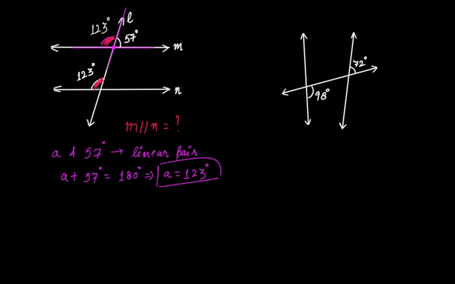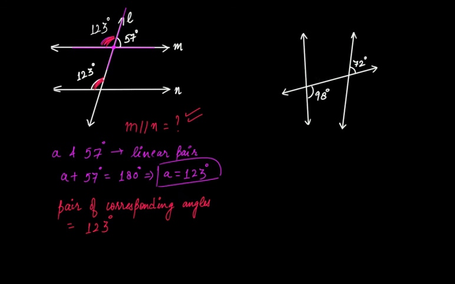Because this is also above this line and this is also above this line M. Therefore, they are a pair of corresponding angles, and in this case they are 123 degrees, and they both are equal. Therefore, yes, lines M and N are parallel.